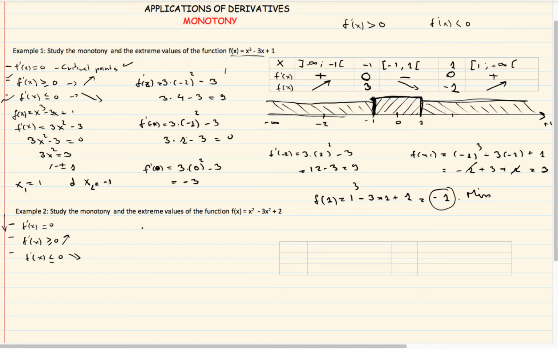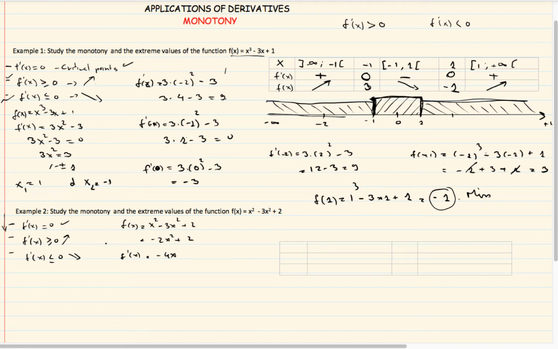To verify the first proposition, we have to find the derivative of that function first. So we have f of x is equal to x squared minus 3x squared plus 2, and this can also be written as minus 2x squared plus 2. The derivative of this is minus 4x.